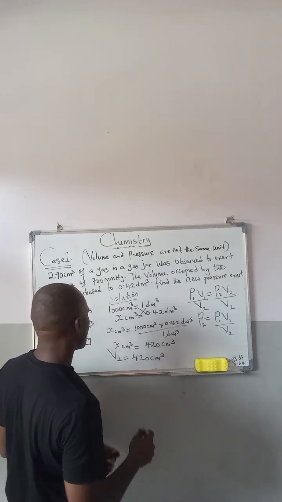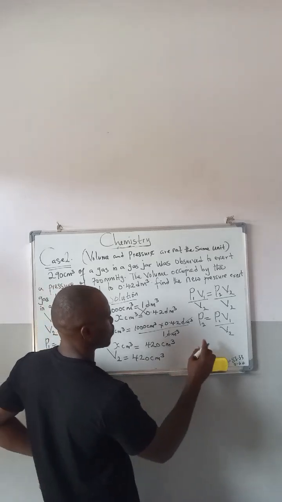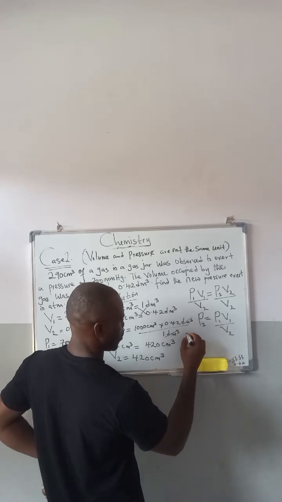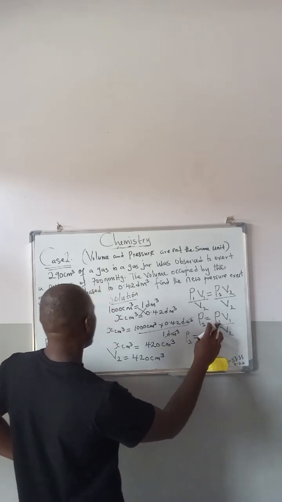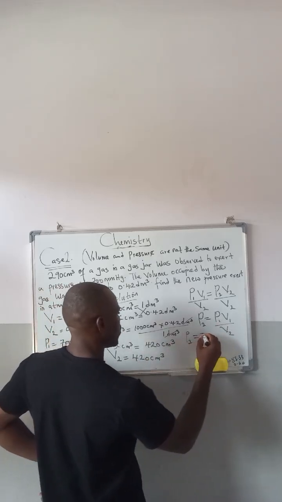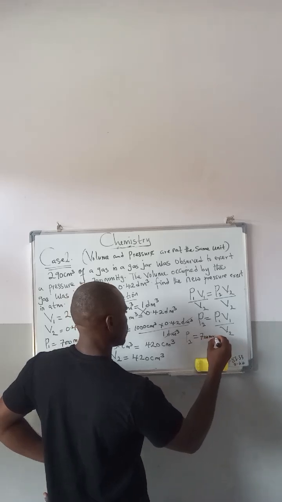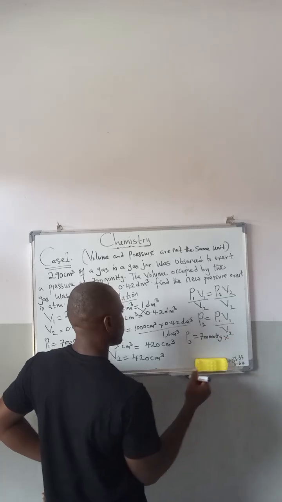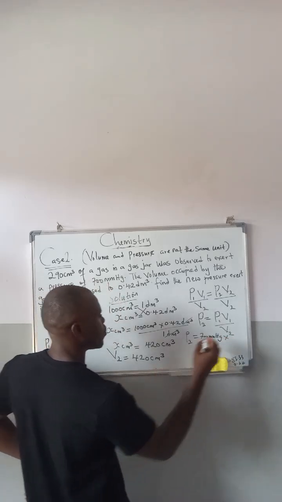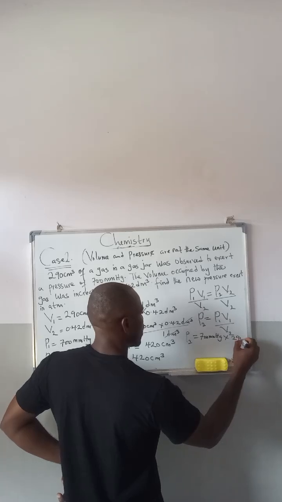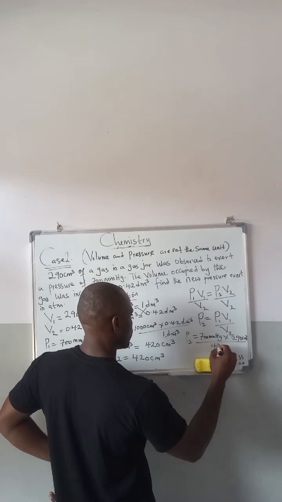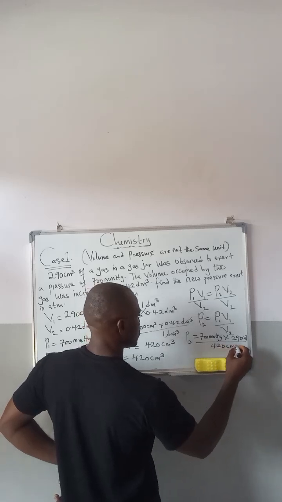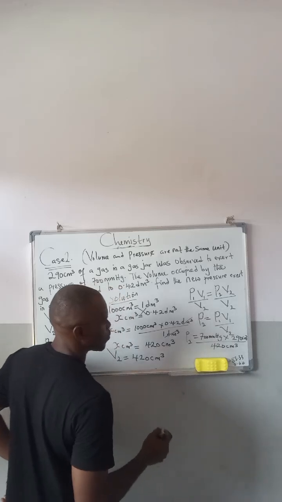Are you with me? So if we put in our values, P2 is equal to, what is our P1? Our P1 is 700 millimeter mercury times our V1, 290 centimeter cube, divided by our V2, 420 centimeter cube.